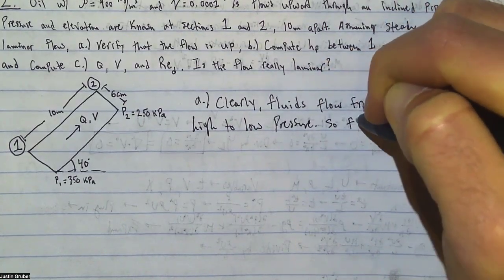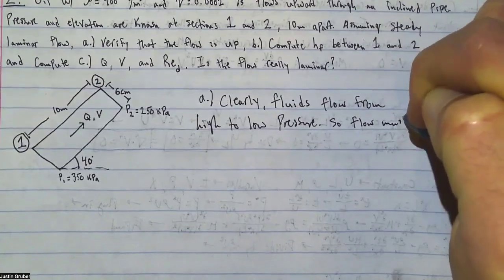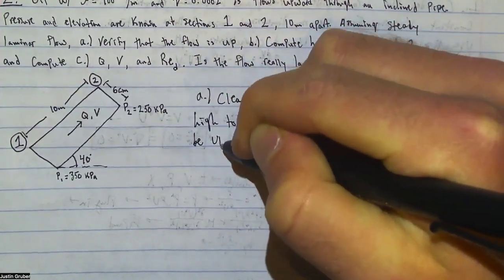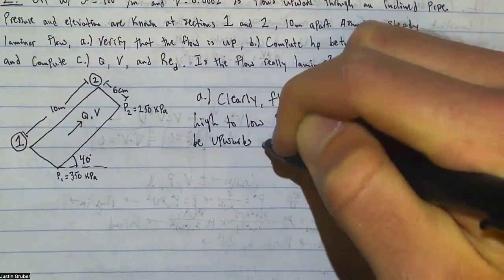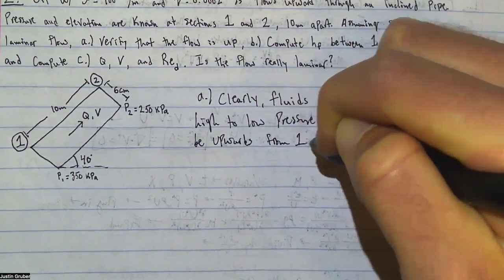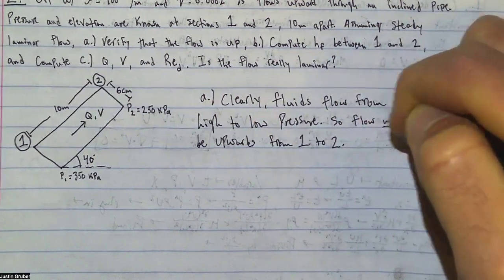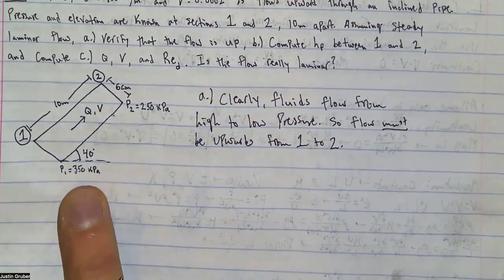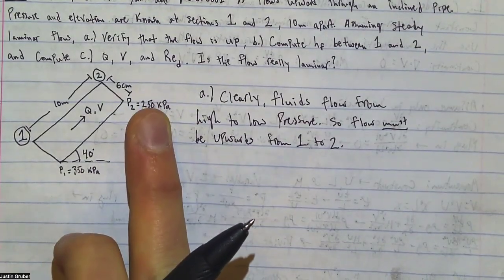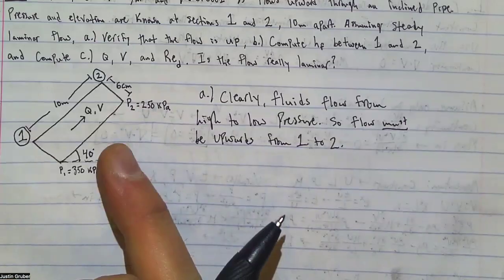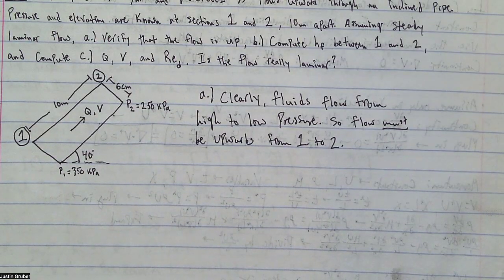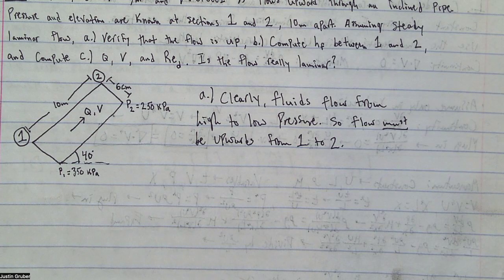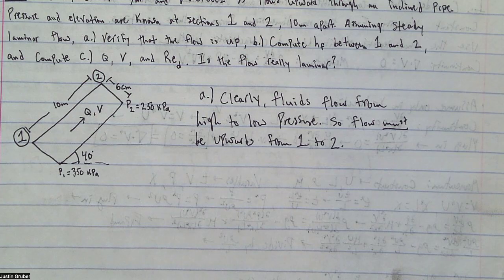So flow must be upwards from 1 to 2, because we have 350 kilopascals down here and 250 kilopascals up here. It's just how it works, it's just physics. Things go from high to low pressure. Same thing with wind, water, or oil. It's all fluids. Fluids behave like fluids. Cool.